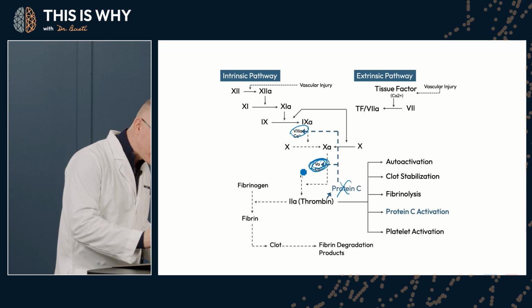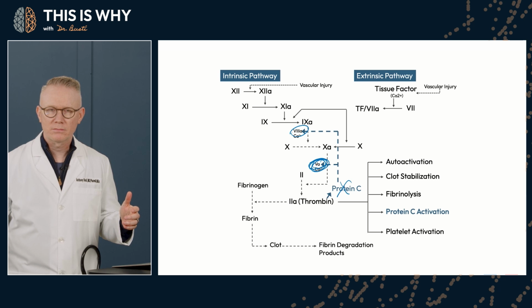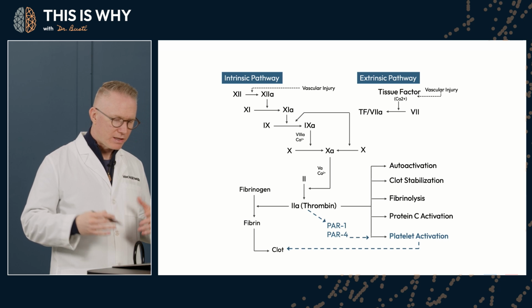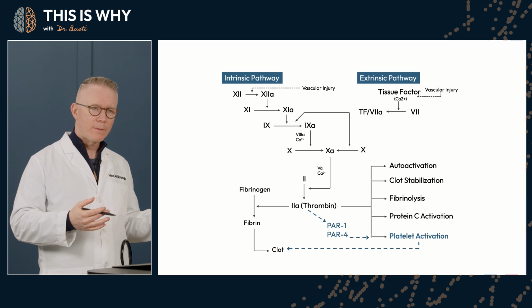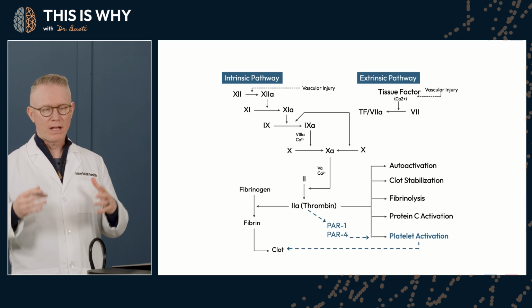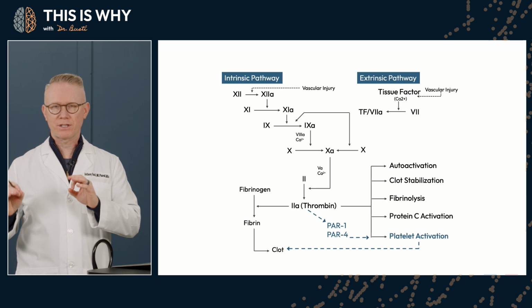Remember that factor 5 says, I see you, protein C, but I'm not listening to you. Okay? Protein C resistance. And then lastly, thrombin activates the platelet through PAR1 receptors, PAR4 receptors on the platelets and turns them on, activates them, that then will facilitate aggregation.